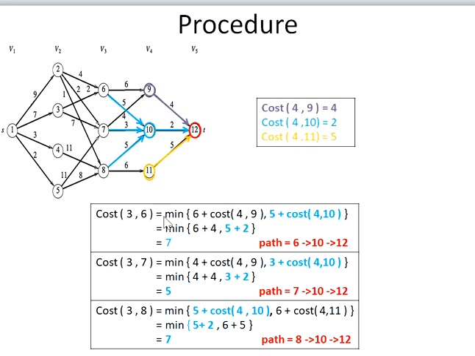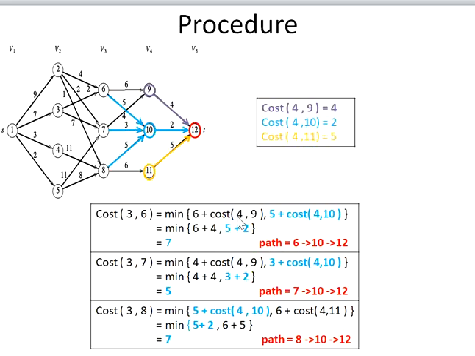So I have written here the minimum of 6 plus the cost of 4, 9. What is the 6? The cost from vertex 6 to reach vertex 9 is 6. The cost of 4, 9 we already know: from 9 to 12 the cost is 4.